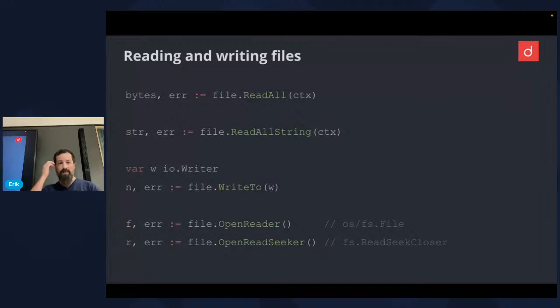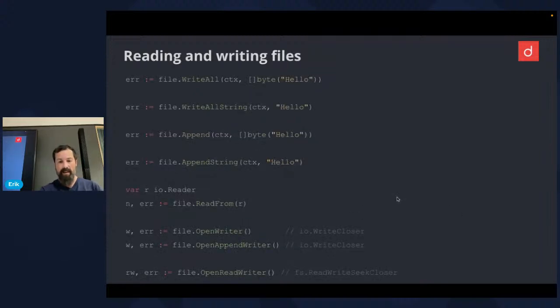And yeah, of course, the functions you would expect, like just give me everything as bytes or give me everything as a string, or open a reader or a read seeker that implements basically those interfaces in part from the standard library, in part like the open read writer.